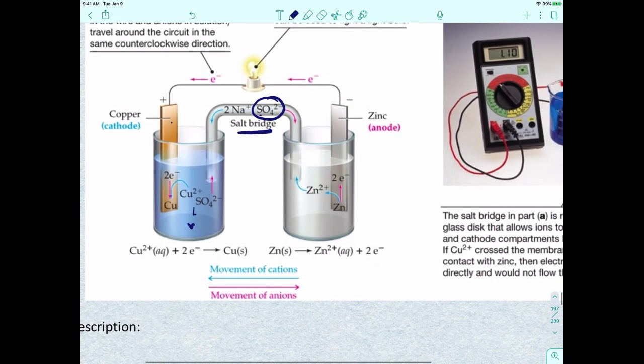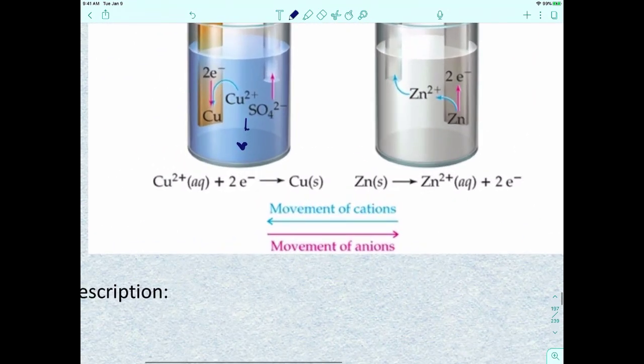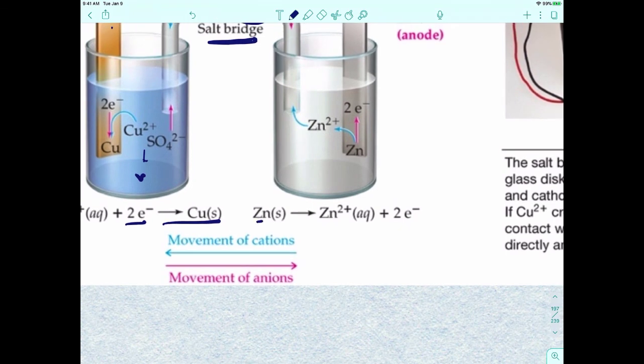So basically what we're trying to do is separate the reactions. In one beaker, you've got one reaction: copper 2+ ions in solution plus 2 electrons yields copper solid. You've got another reaction where the solid zinc releases 2 electrons and becomes zinc 2+ ions.